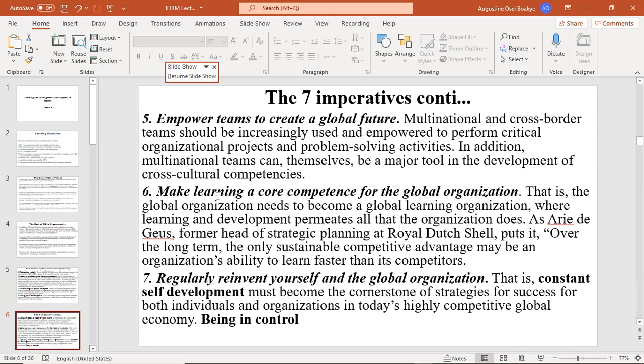This implies that there is the need for constant self-development. And that is why we are saying that constant self-development must become the cornerstone of strategies for success for both individuals and organizations in today's highly competitive global economy.